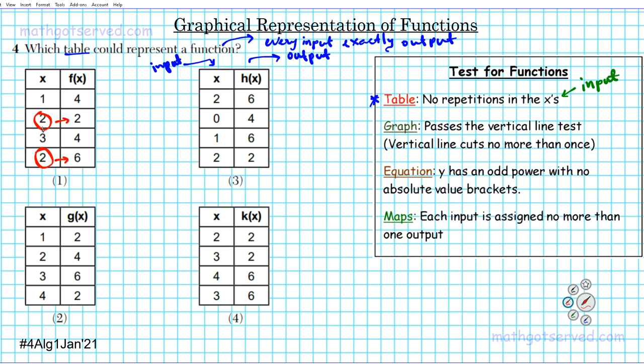You have the same input going to two different outputs. That is not a function. Okay, remember, one input can go to no more than one output, not a function. We defined it earlier. Every input exactly one output. All right, let me write it in because I think I left it out. Every input is assigned exactly one output.